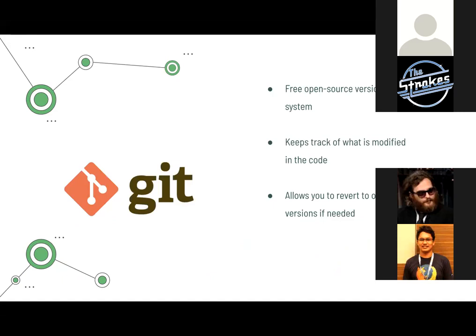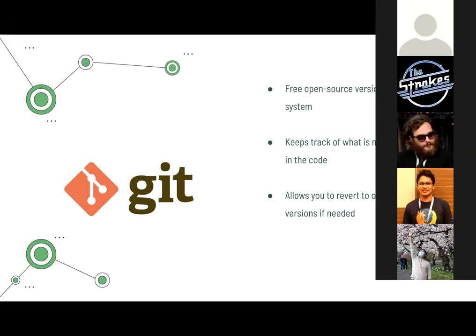Continuing on. Git is a free open source version control system. It keeps track of what is modified in the code and allows you to revert to older code versions if needed. So it allows you to look at previous versions if needed. A good example of this would be Instagram.